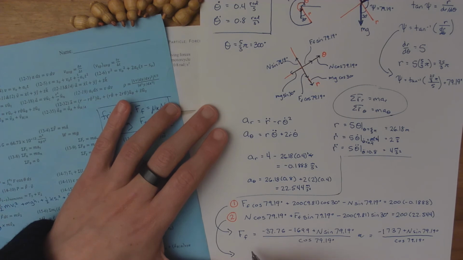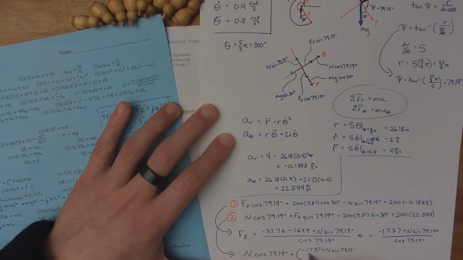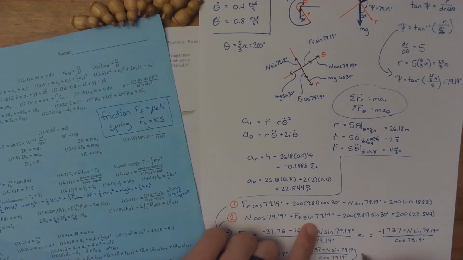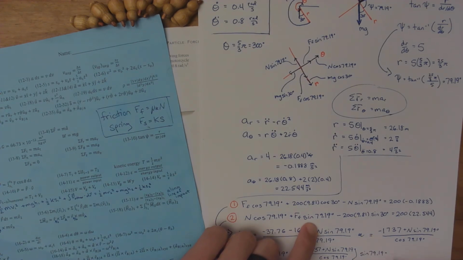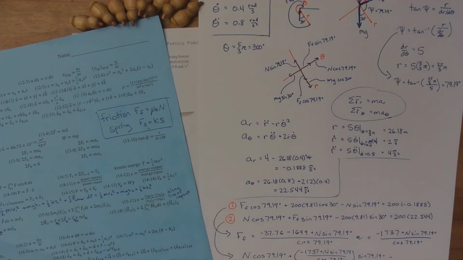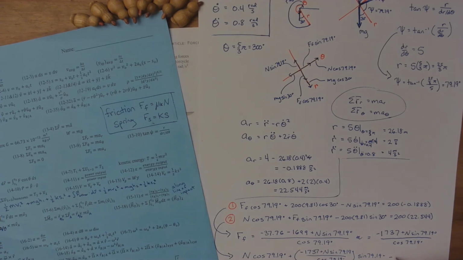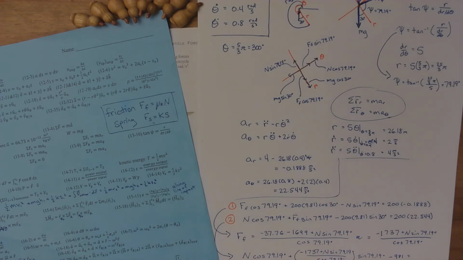So I have n times cosine of 79.19 degrees plus negative 1,737 plus n times sine of 79.19 degrees divided by cosine of 79.19 degrees, times sine of 79.19 degrees, and then 200 times 9.81 times sine of 30 degrees is 981, and 200 times 22.544 is 4,509.